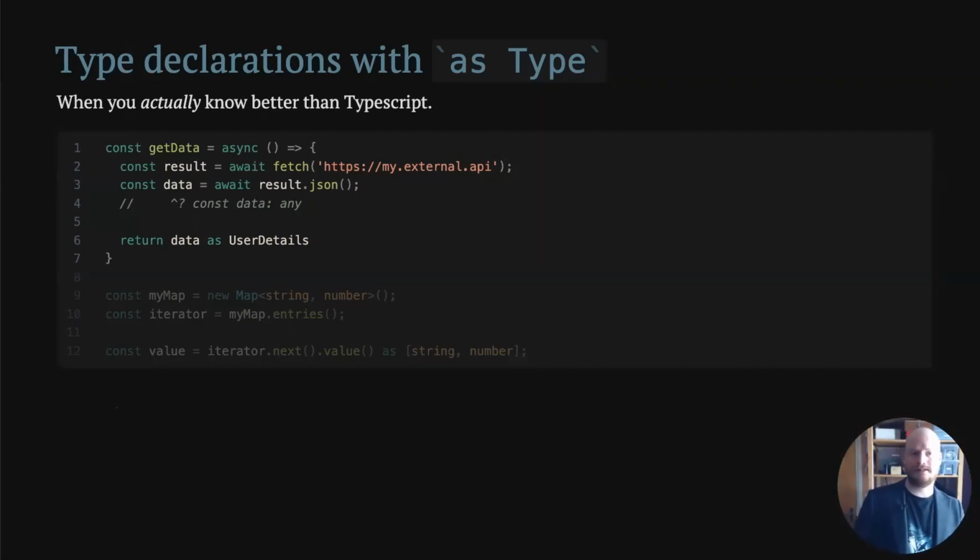There's a great library called ts-reset, which changes the return type of JSON to be unknown instead, forcing you to do what I said before. But here, if you know what the API is returning, because you've read it in the documentation, you can return data as UserDetails. So say you've defined UserDetails somewhere that matches the return type of the API documentation. You can say that, okay, this function will return data, and that will be UserDetails.